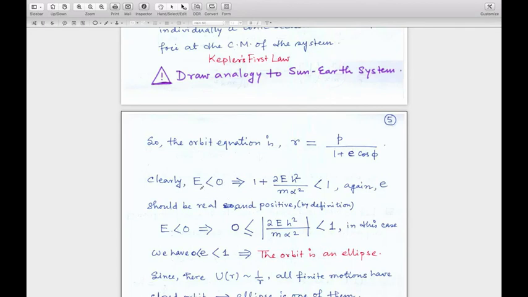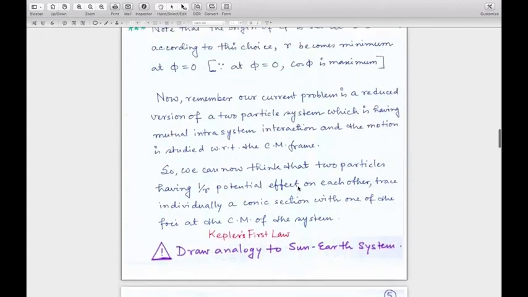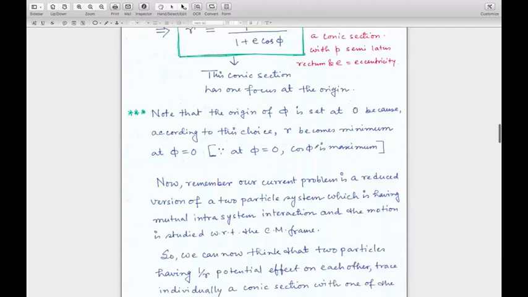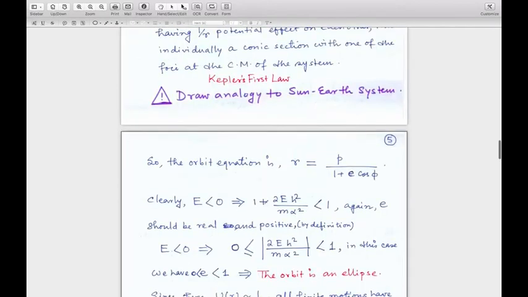Then you can simply say that E is less than 0, and then you can easily say that 1 plus 2Eh square by m alpha square will be less than 1, because E is negative, so this term will be negative, and 1 plus some negative term will simply be less than 1. And that is nothing but the eccentricity, rather the square of the eccentricity.